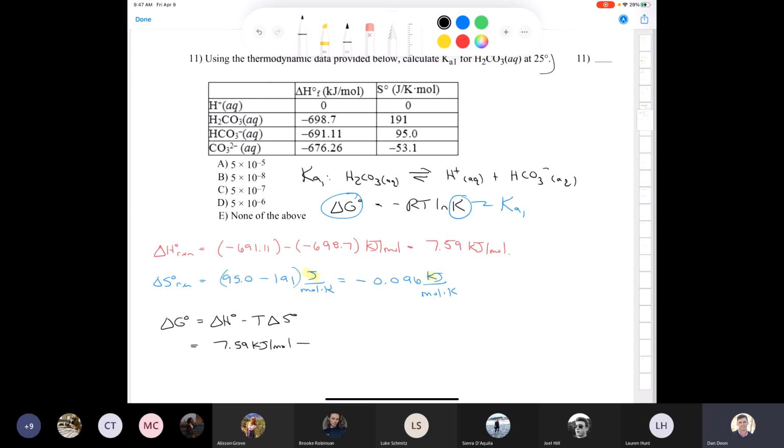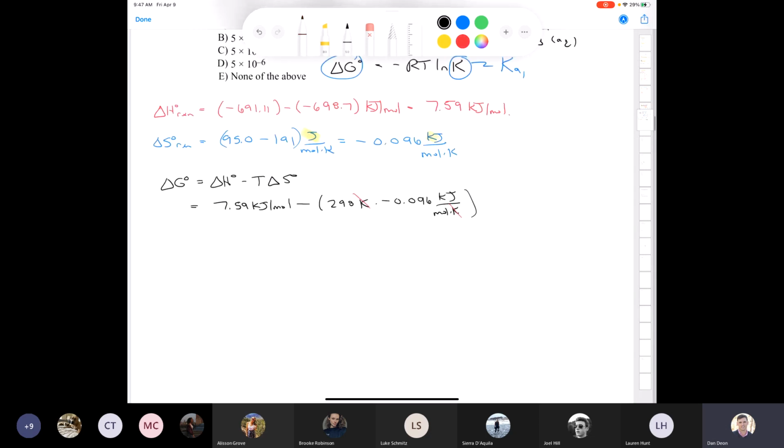Subtract, temperature is 25 degrees Celsius or 298 Kelvin, multiplied by negative 0.096 kilojoules per mole times Kelvin. Like that, you can see that Kelvin cancels out. I end up getting a delta G naught value, which is equal to 36.2 kilojoules per mole.